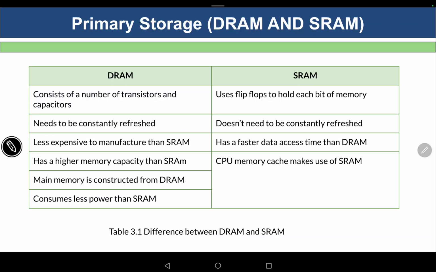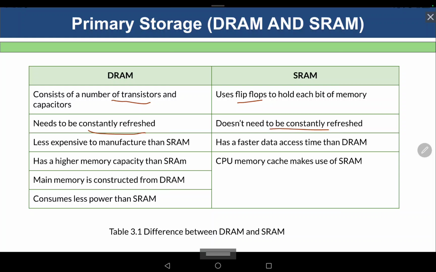Now let's look at the comparison table. Dynamic RAM consists of a number of transistors and capacitors. These are what is used to store and read data, while static RAM uses flip-flops to hold each bit of memory. Dynamic RAM constantly needs to be refreshed. Static RAM does not need to be refreshed.